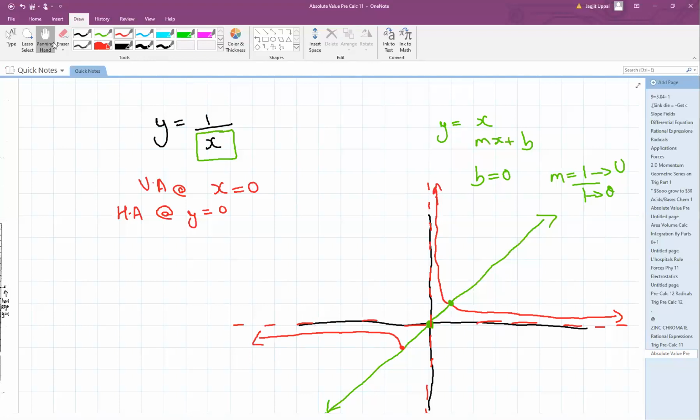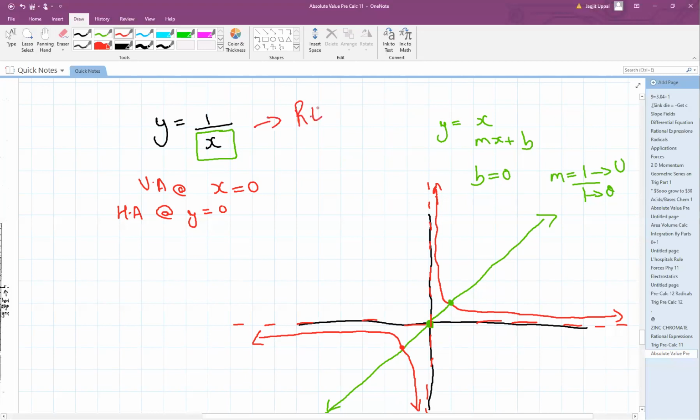And over here, your negative values are becoming really small, like 0.01 or something. So the reciprocal of that is going to give you a really large negative value. So this is going to get really large like that. So you see the graph that I've drawn in red? That's my reciprocal graph of y.